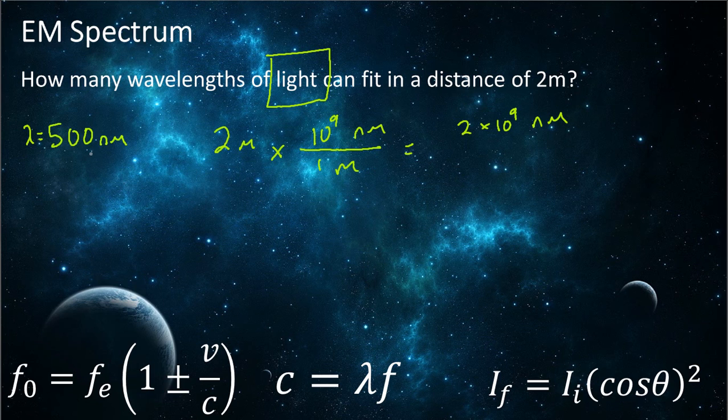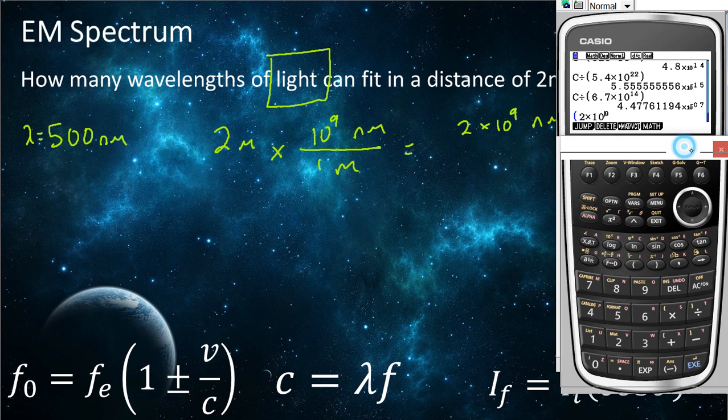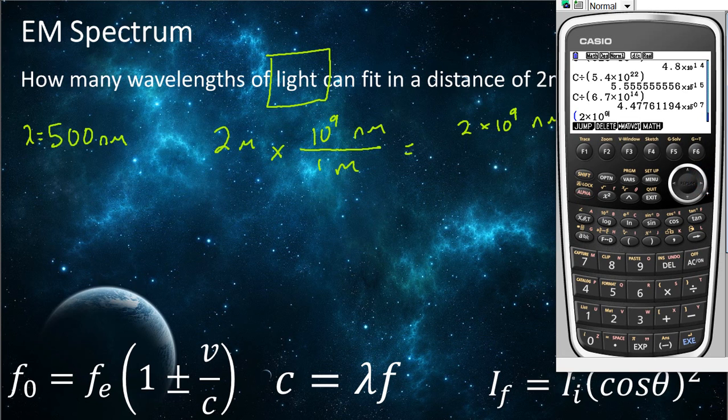Now I need to know how many times this 500 will go into that. So I'll divide this by 500. Two times 10 to the 9th, I'll make that a quantity, and divide that by 500. And there we go, 4 million.